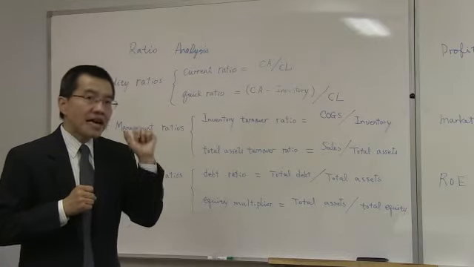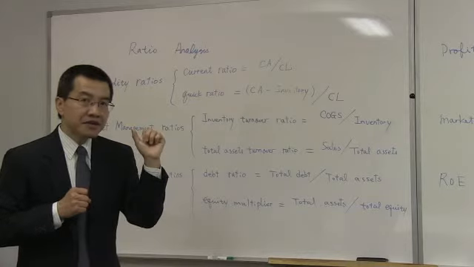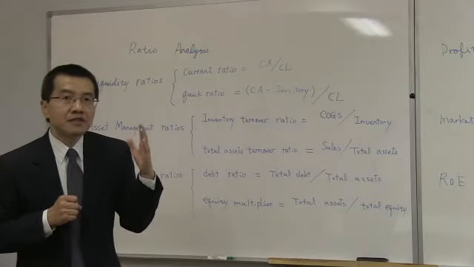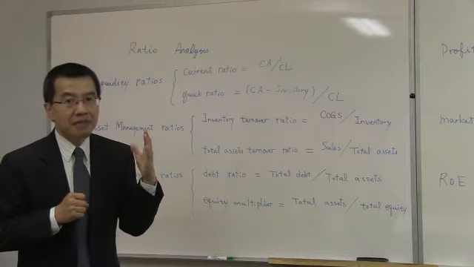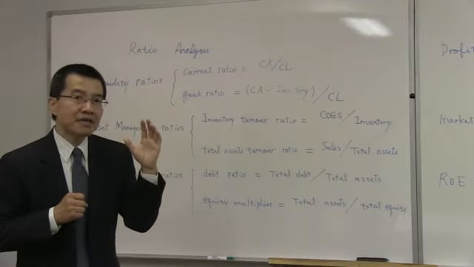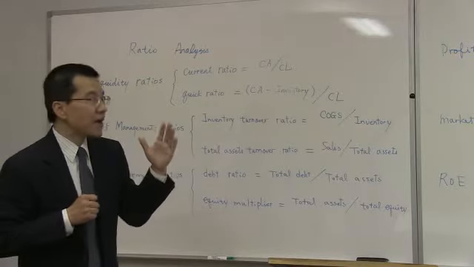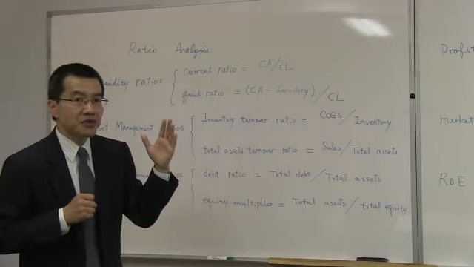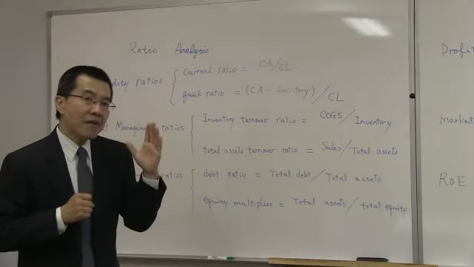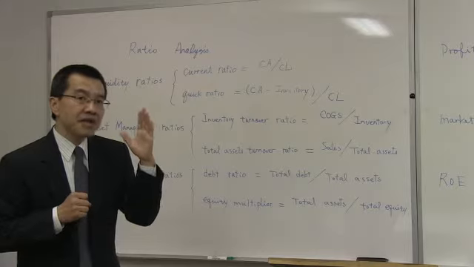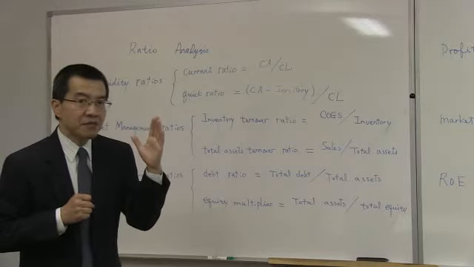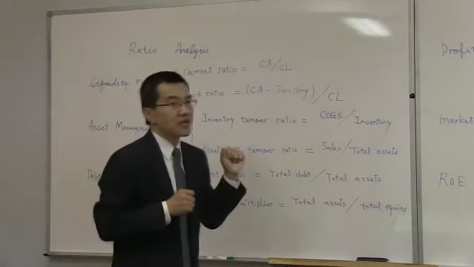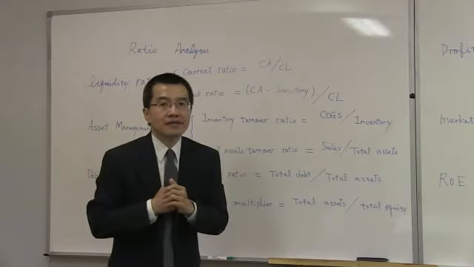Another way is to compare with the peers in the same industry. This process we usually call benchmarking. So you choose some companies of interest and compare with the company's financial ratios. That will tell you how the company performs compared with peer companies. And the last one is trend analysis.